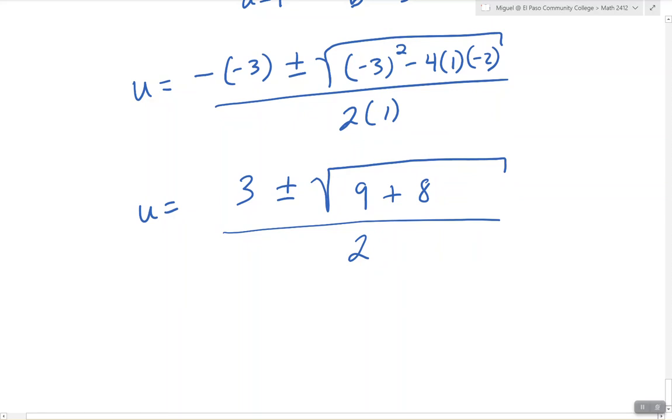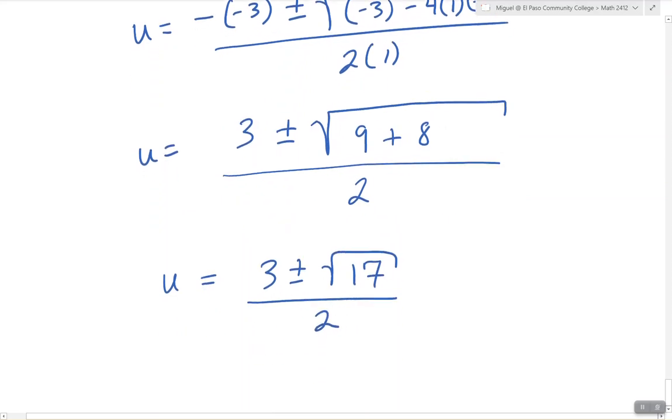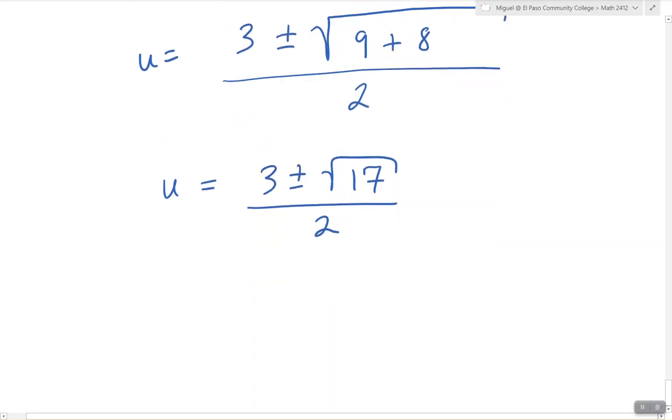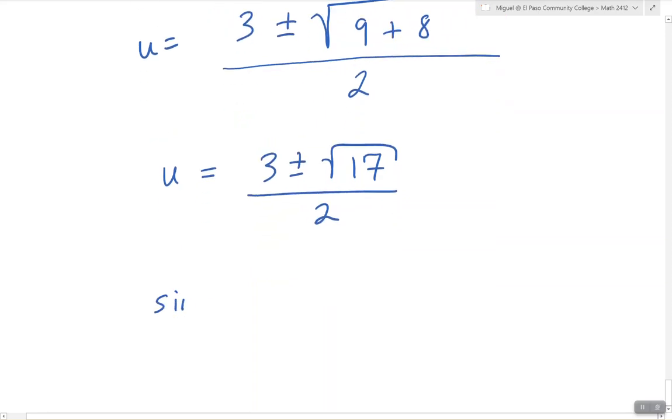So we have 3 plus or minus the square root of 17, all over 2. Okay, let's put the u back as sine. So this now says sine of x is equal to 3 plus or minus the square root of 17 over 2.